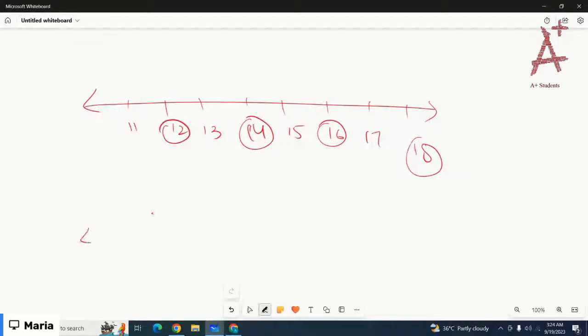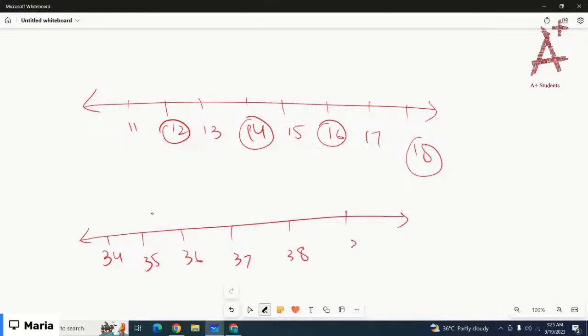Let's just do another example. You are given a number line that is 34, 35, 36, 37, 38, 39. You have to select the odd numbers on the number line. So which numbers are odd?